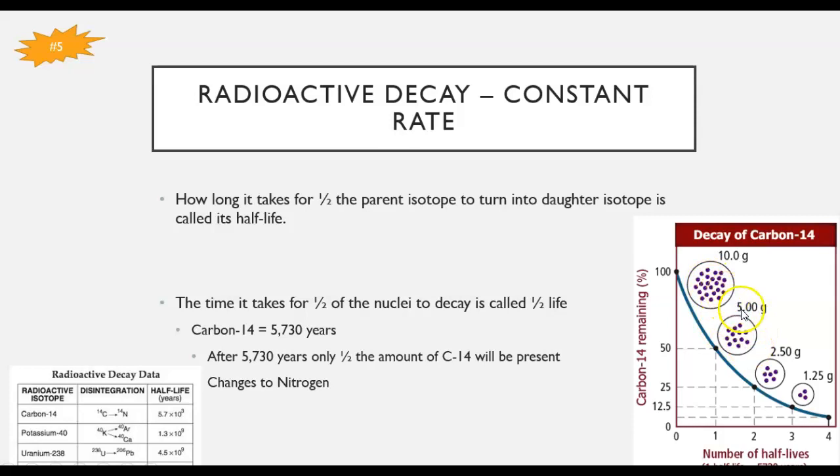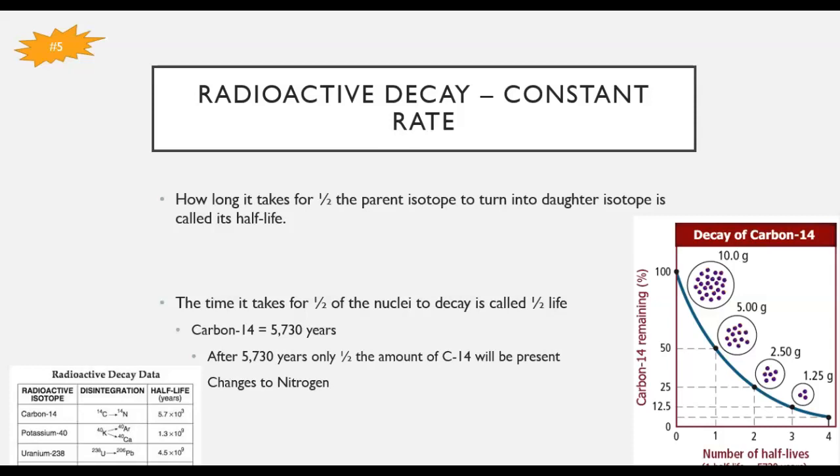However long it took for that to break down is considered 1 half-life. And then 1/2 of that 5 grams, which would be 2.5 grams, as soon as the carbon-14 sample only has 2.5 grams of carbon-14 left in it, then it hits its second half-life.